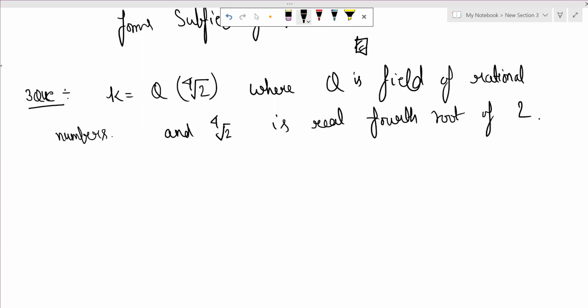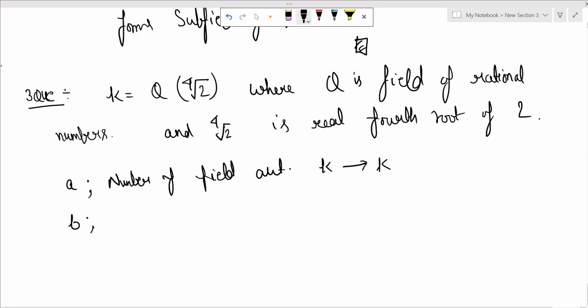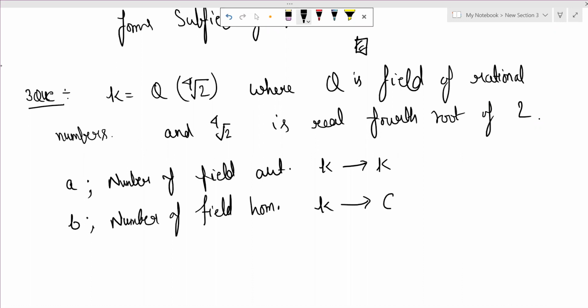Let A denote the number of field automorphisms from K to K. B denotes the number of field homomorphisms from K to C.